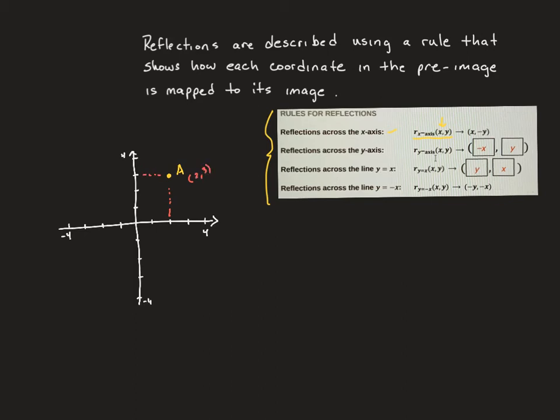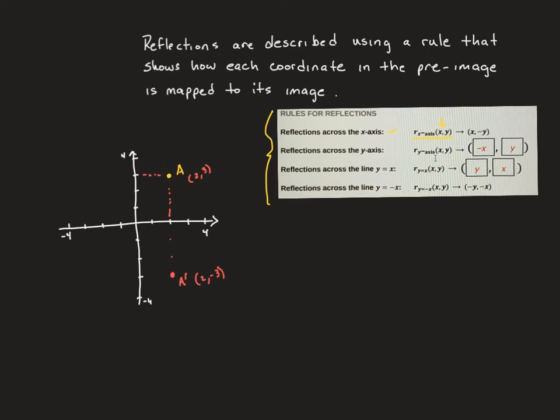Now if I map it across the x-axis, my new A prime is going to be the ordered pair (2, negative 3). So what changed is my y value went from positive to negative over the x-axis.